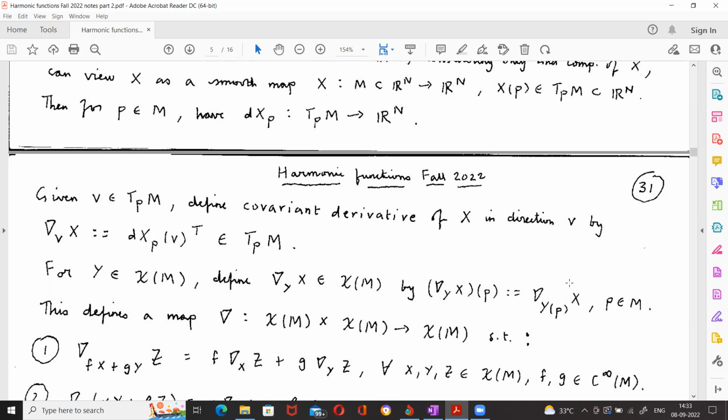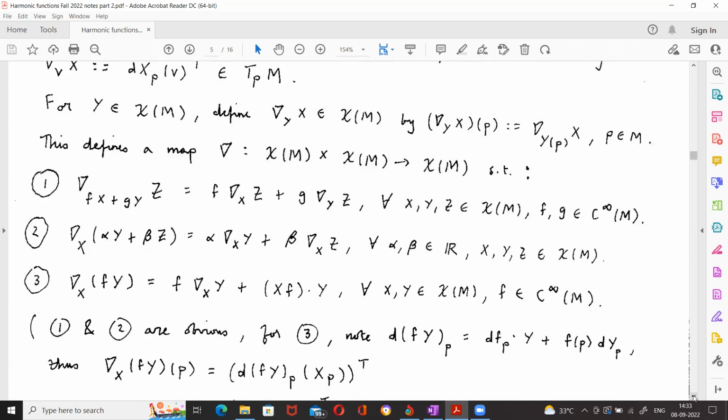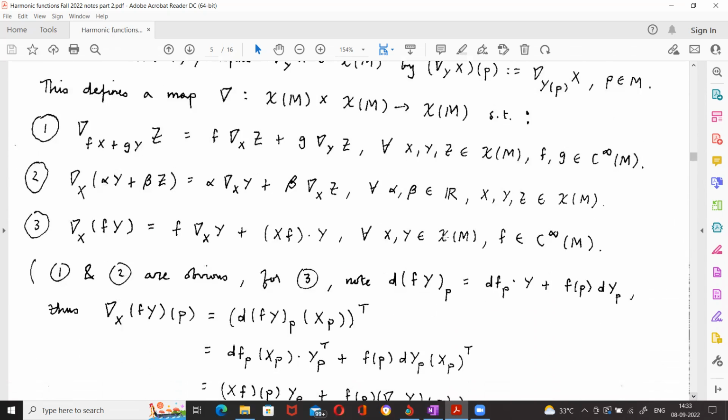So in this way, from a pair of vector fields X, Y, we've got a new vector field, nabla sub Y of X. Therefore we've got a map nabla from chi(M) cross chi(M) to chi(M). Any pair of vector fields is going to give a third vector field. And this satisfies the following properties.